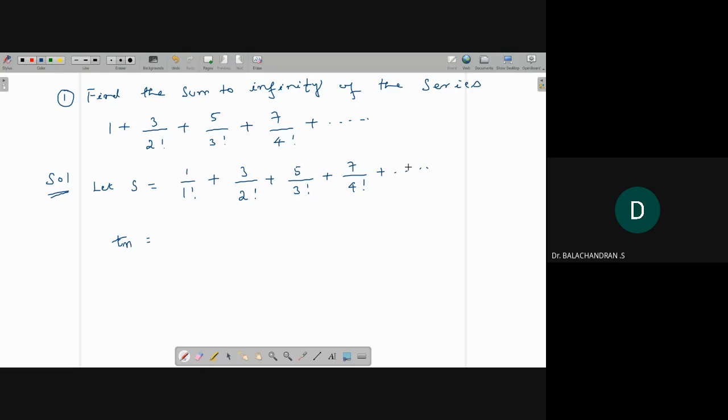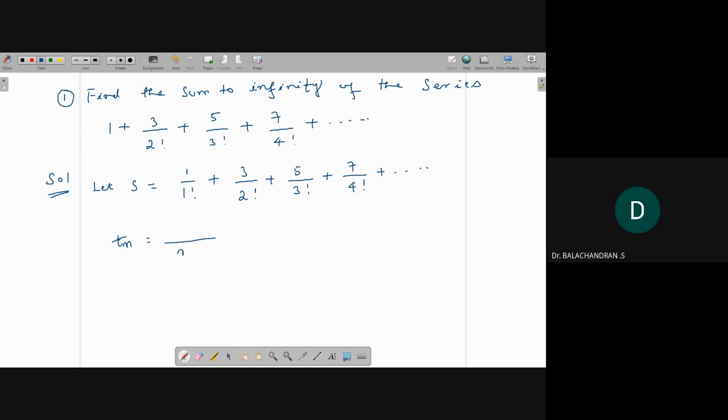First you should tell the numerator, and then you can tell the denominator. Or if you know the nth term, you can tell. What is in the denominator? The denominator is a little bit easier. N factorial, sir.